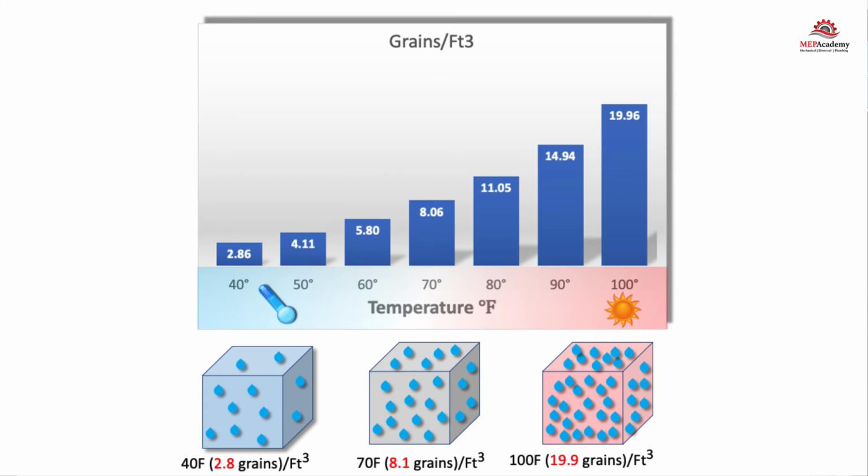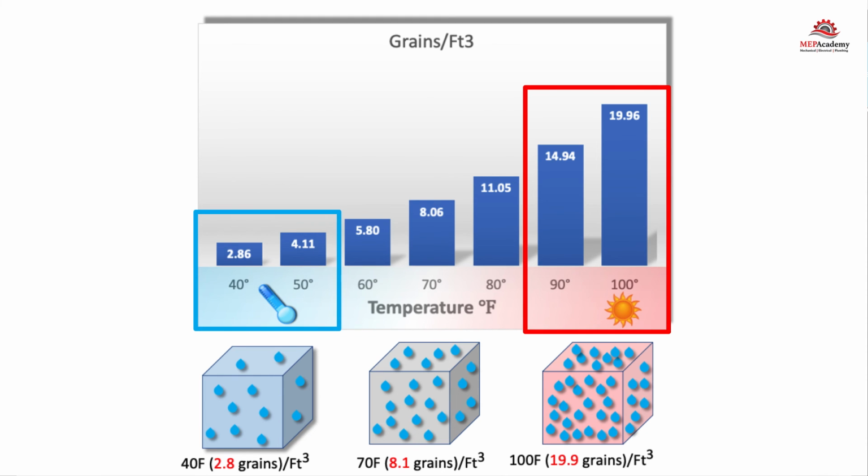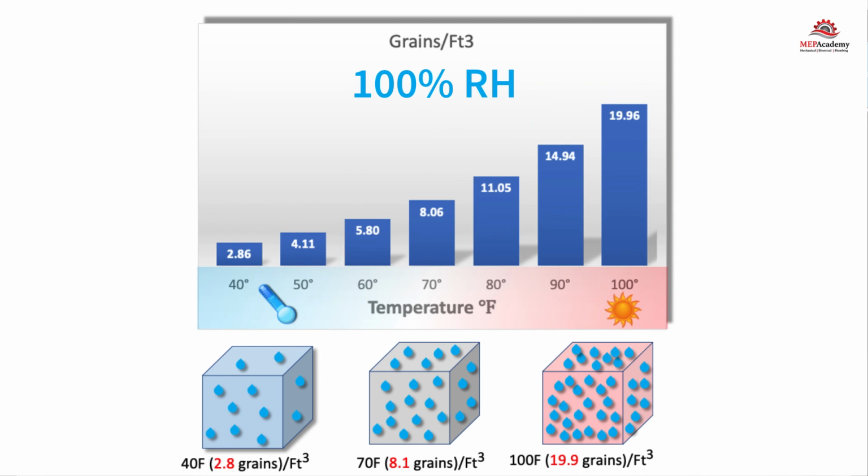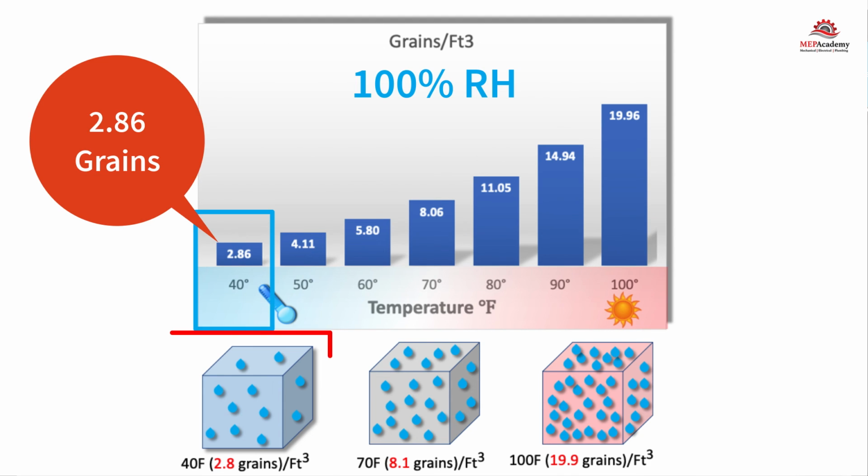Warmer air can hold more moisture than colder air for the same volume cubic feet of air. Warmer temperature has a greater capacity for holding water vapor. This chart shows the maximum amount of moisture that can be held in 1 cubic foot of air at the temperature shown. At 40 degrees Fahrenheit and 100% relative humidity, the air can only hold 2.86 grains.